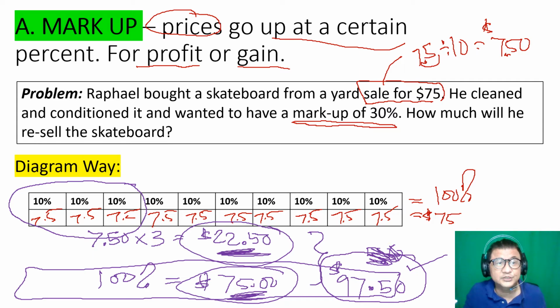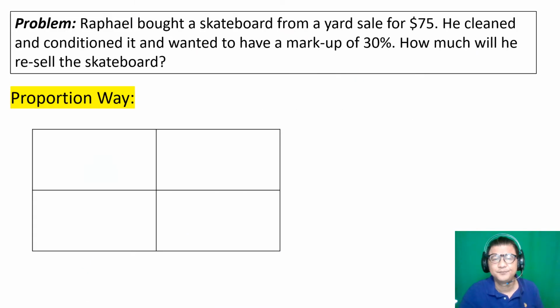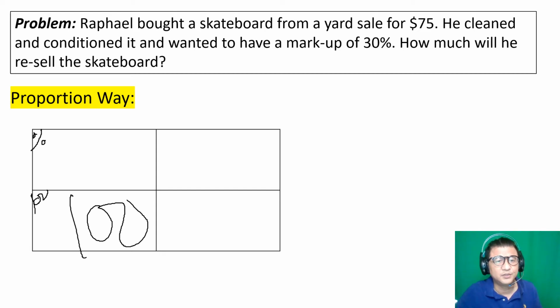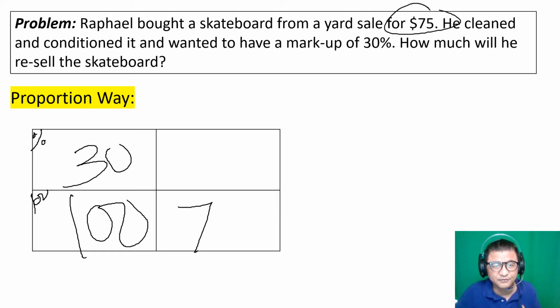Now, watch the next slide. We're using the same problem, but now we're using a different strategy. Again, the proportion way, percent over 100. So 100 goes there. We know it's 30%. And where do we put 75? 75 is the whole, so 75 goes here.